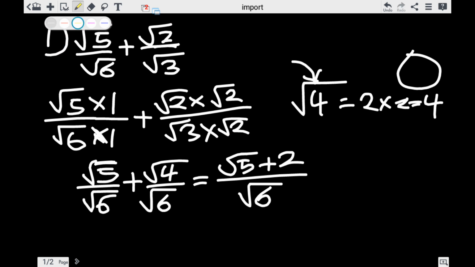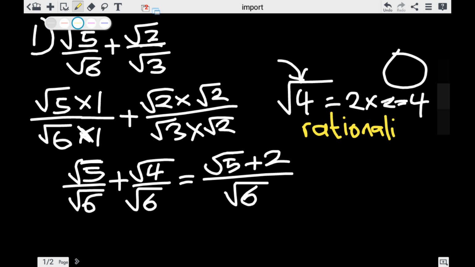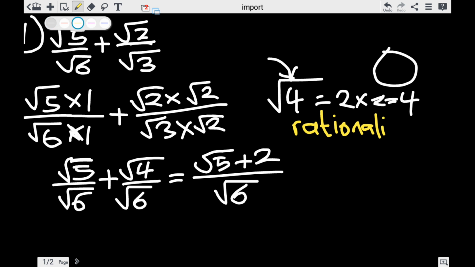So, rationalization. What does this word mean? To rationalize is basically to take away the square root symbol.